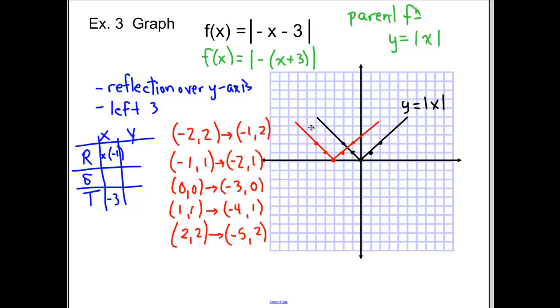Okay, so now what happened here? If you just looked at this, you would say to yourself, I see everything shifted to the left 3, but was there a reflection over the y-axis? I know that in my RST chart, when I said what the transformations were, there's a negative there. But did it actually reflect?